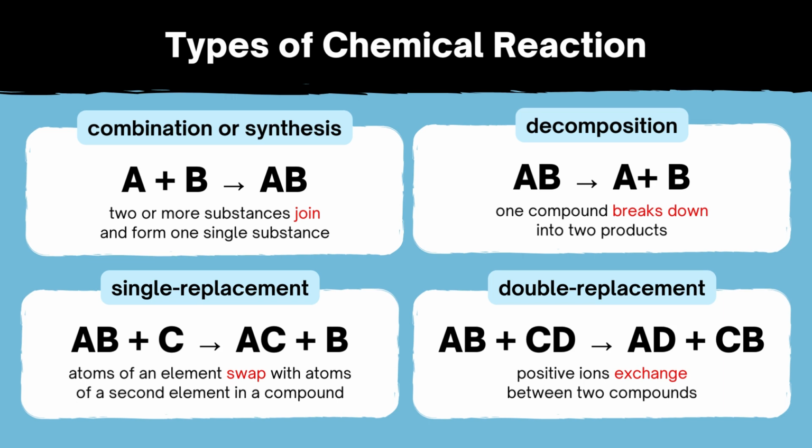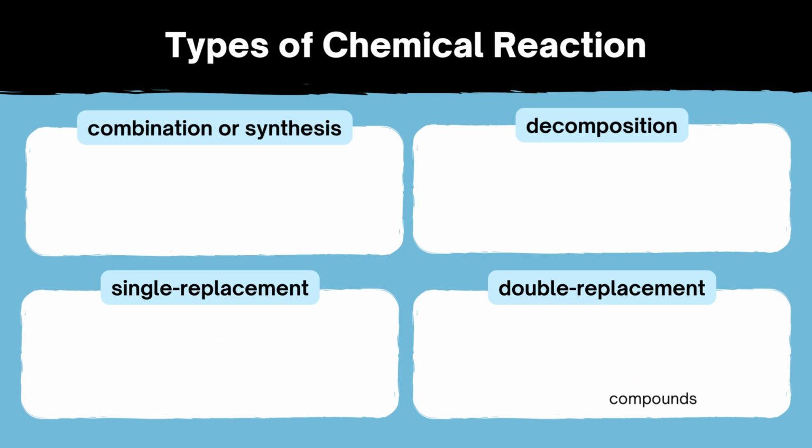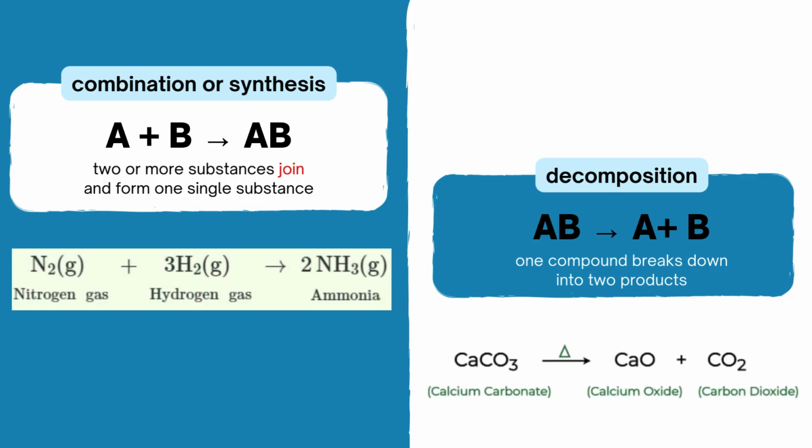To understand it further, let us have several examples. For the combination or synthesis, as we all know, two or more substances join together to form a single compound. So here, the example would be nitrogen gas combines with hydrogen gas to form ammonia.